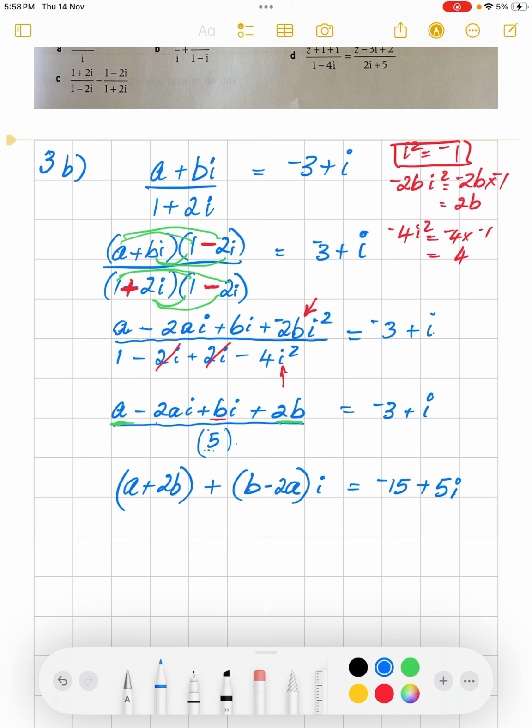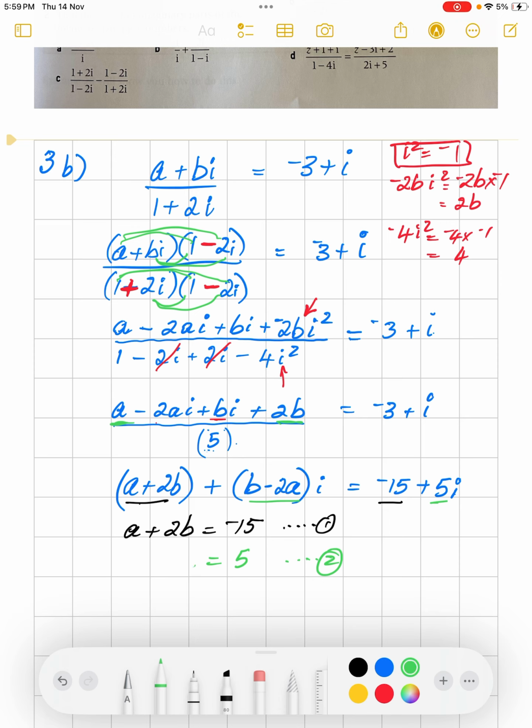Now if we match the real components, we've got a plus 2b equals negative 15. Call that equation 1. And then we match the imaginary components. So we've got b minus 2a is equal to 5. I'm just going to adjust these and put the negative 2a here and the plus b here.